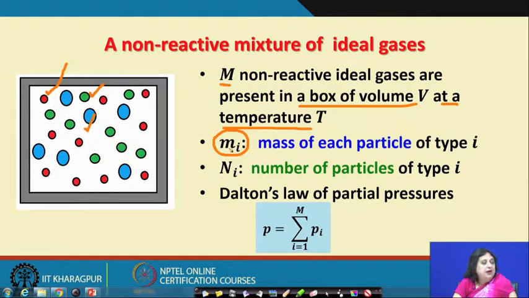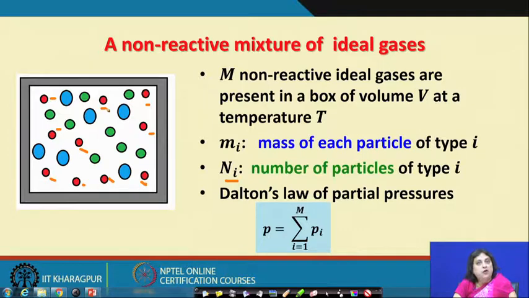So, here I will have 3 types of masses, M1 for this, M2 for this and M3 for this. Now, I also understand that for each type of particle i, there will be some number of particles present, which I call Ni. So, here in this part I have 1, 2, 3, 4, 5, 6, 7, 8, 9, 10.